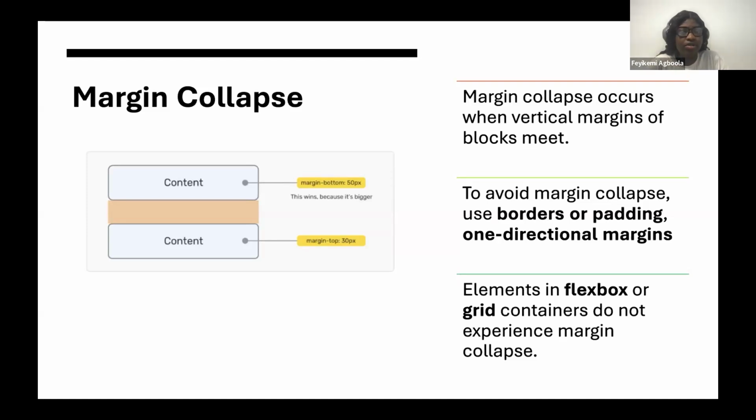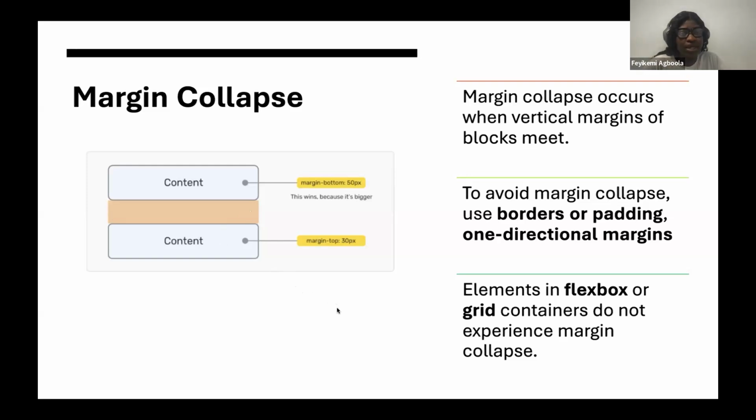But according to margin collapse, it just takes the bigger one, which is the 50 pixels. That's why we have 50 pixels instead of 80.